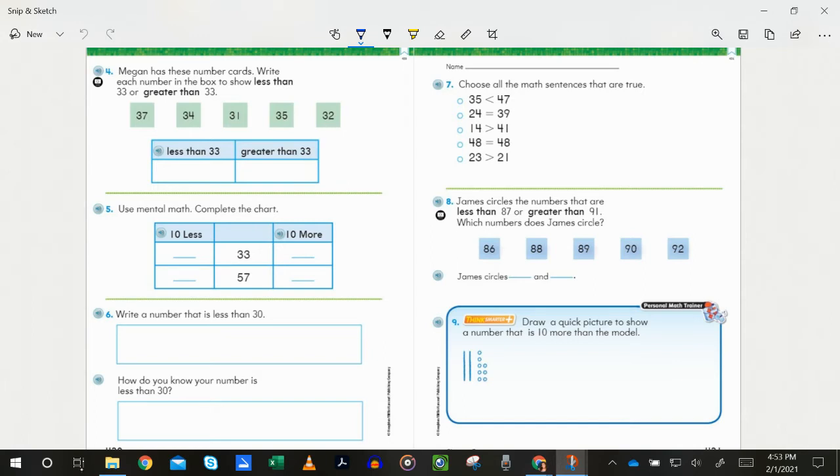And 35, less than 33 or greater than 33? Choose which box and cross it out, write it in. And finally 32, is that less than 33 or greater than 33? Choose the box to write it in, then cross it out.